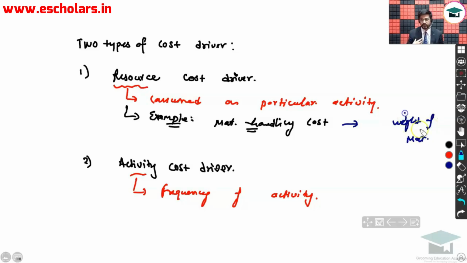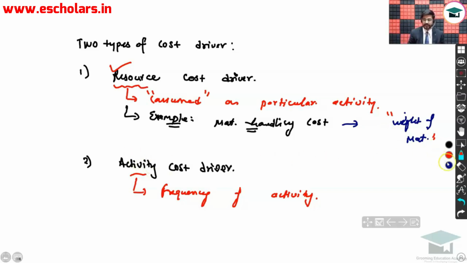Am I right? Yes sir, you are right. The material handling cost depends on how much weight you are carrying. So here the cost driver of this material handling activity is weight of material, and this weight of material is your resource. So how much resource you are consuming on a particular activity, your cost will depend on that.